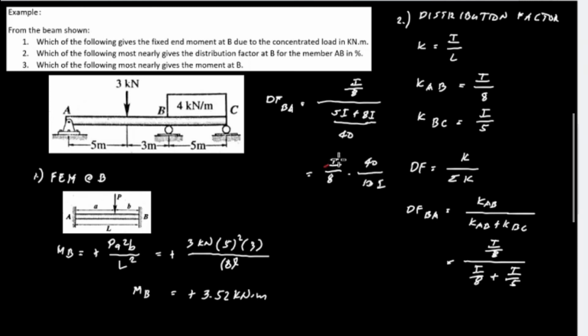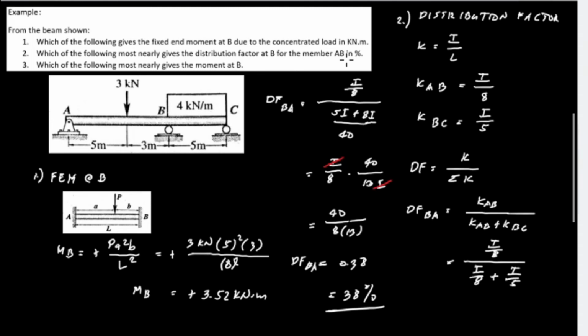Cancel out I. That's 40 all over 8 times 13, and DF of BA is equal to 0.38, or in percentage, that's 38%. That's the distribution factor at B for the member AB, in percentage.